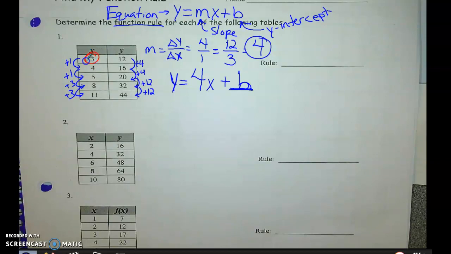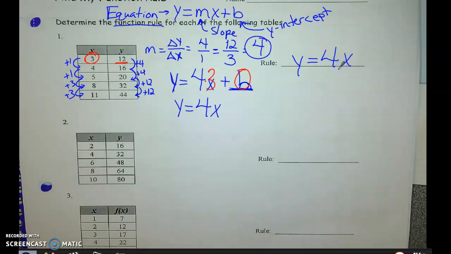If we take this 3 and we put it in for x, so instead of 4 times x, we have 4 times 3. Well, 4 times 3 is 12. That's right there. That's what we want. So what do we have to add on? Nothing. We don't have to add on anything. So really, when we think about our equation, y equals 4x is it. Okay? We could write it out as 4x plus 0, but there's no reason to. So our rule is y equals 4x.